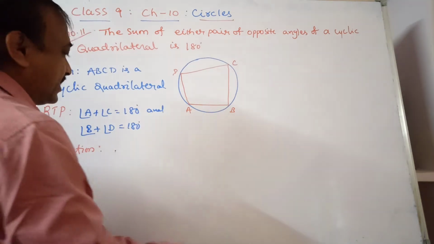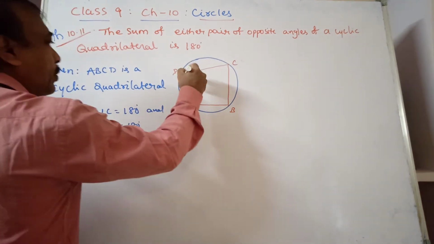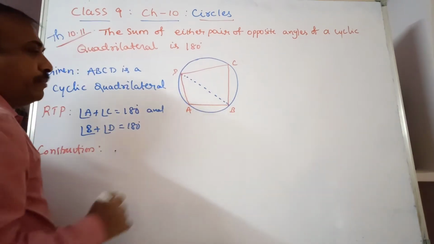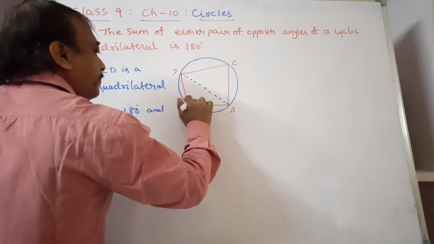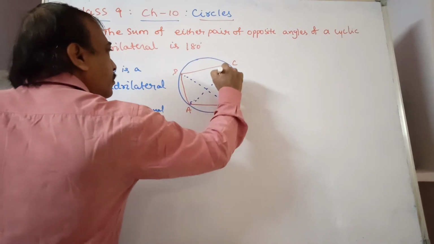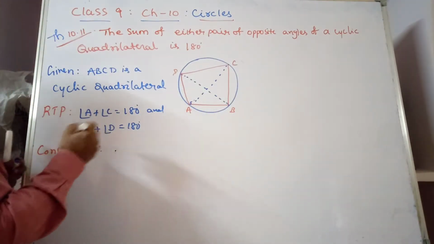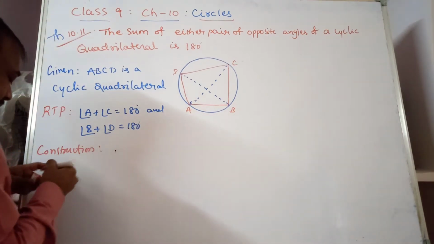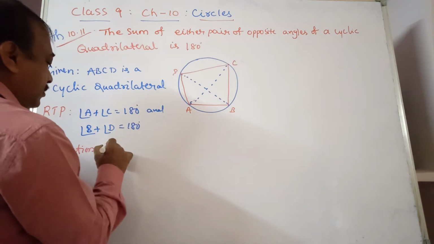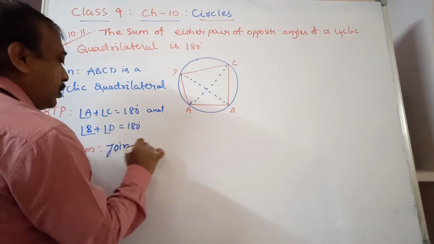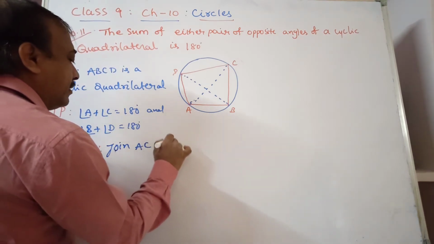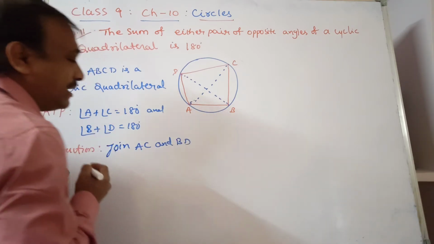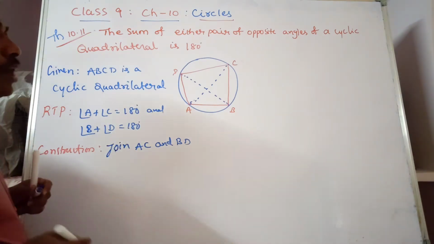Construction: join DB and join AC. Join AC and BD. They are the diagonals of the quadrilateral.